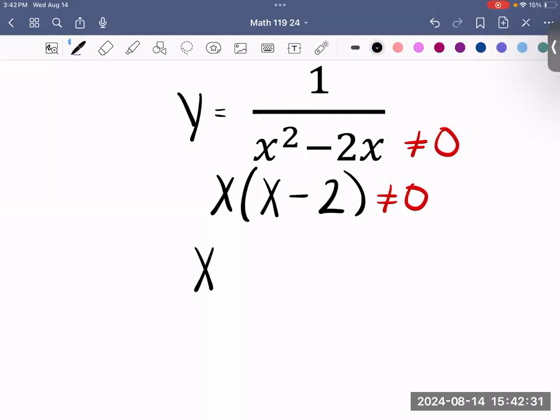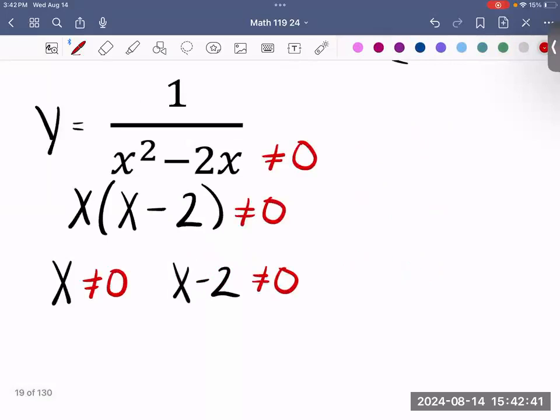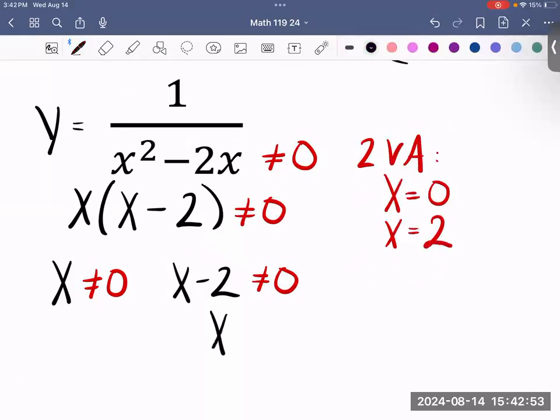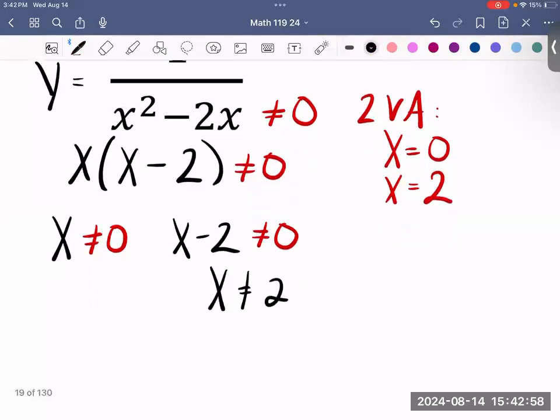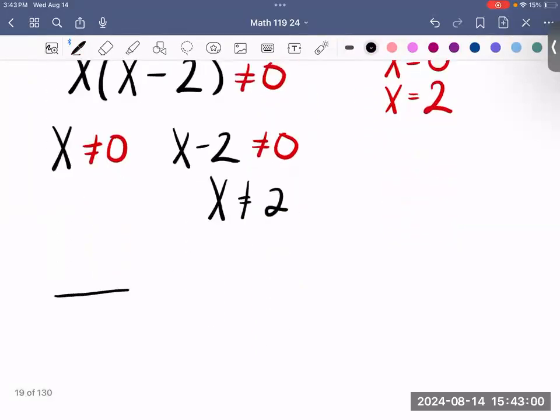So we can say x and x minus 2 are not equal to 0. In this case, you have two vertical asymptotes, one when x is equal to 0 and another when x is equal to 2. So therefore, we cannot be 2 and we cannot be 0. Don't forget, any GCF you might pull out still matters.